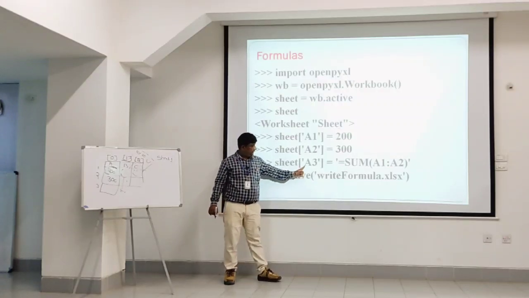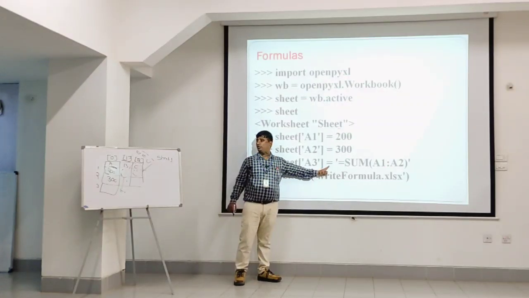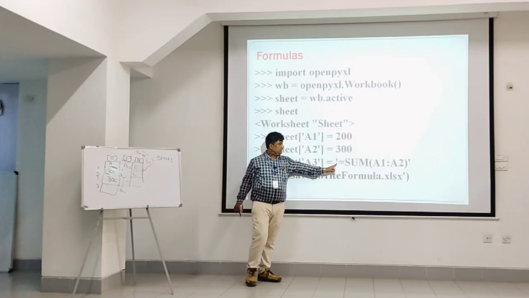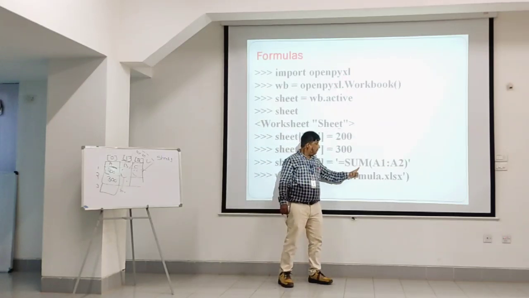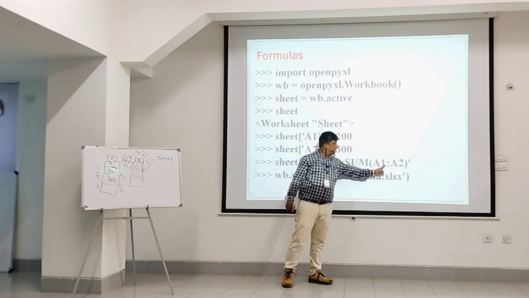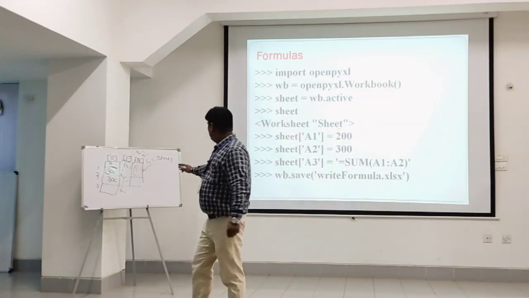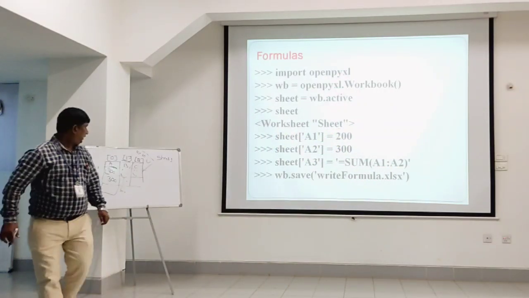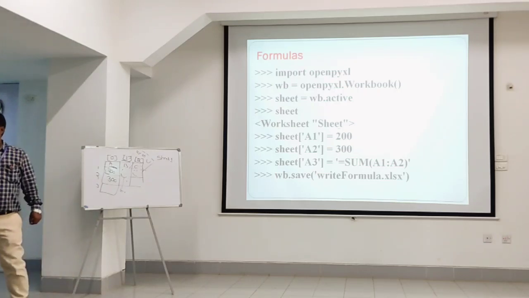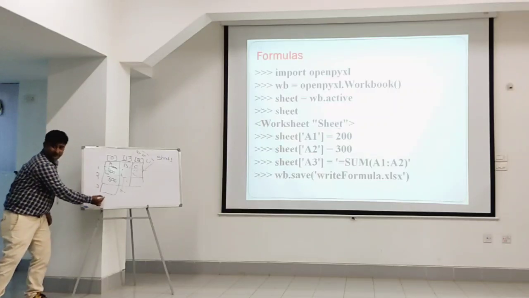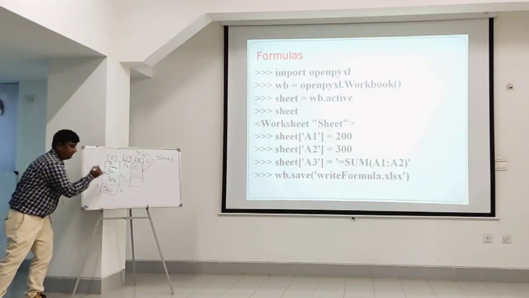Then what did I write? Sheet of A3 is equal to a formula: equal to SUM(A1:A2). What is A1? What is A2? Then where does A3 hold it?